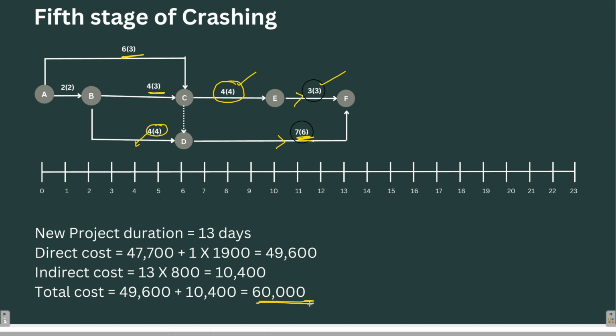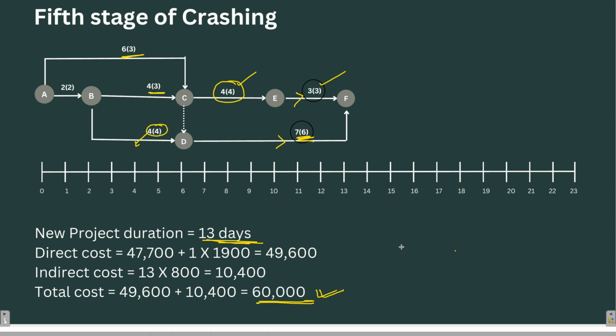Okay. So what conclusions did we draw from this? So we can conclude that the project can be crashed minimum to 13 days. So this is the minimum duration of the project which was asked in the question, and the cost involved for completing the project in the minimum time is 60,000, which is not the minimum amount.